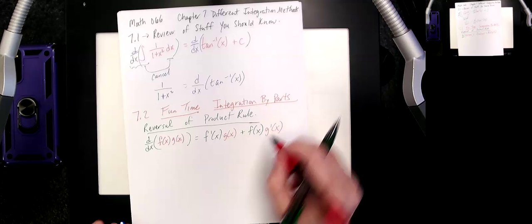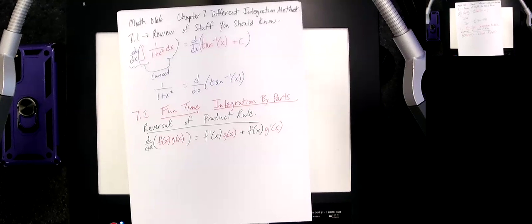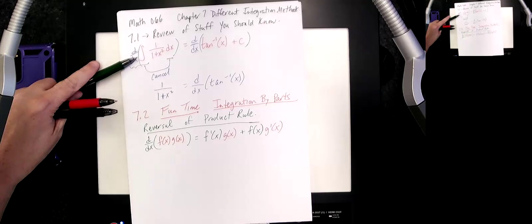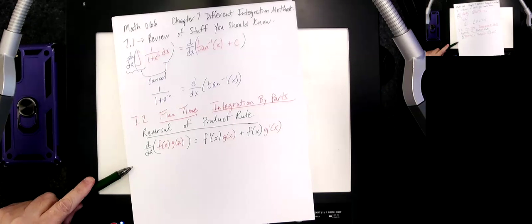That's the original product rule. Just like I was saying, we can undo the integration by doing the derivative. We can undo the derivative by doing integration.